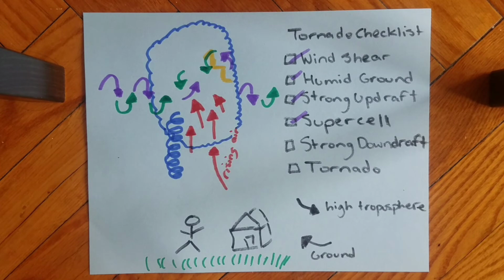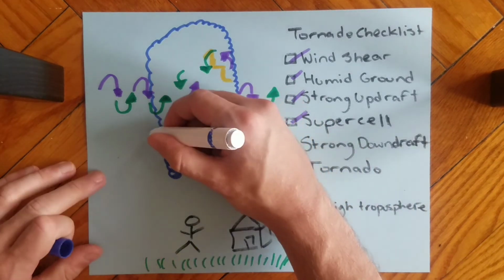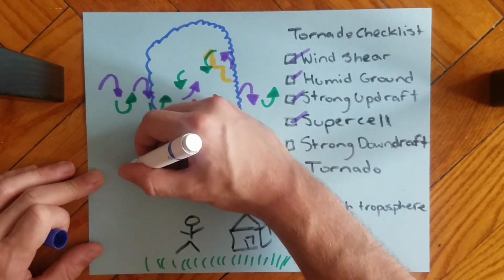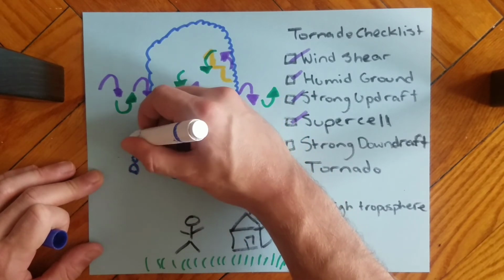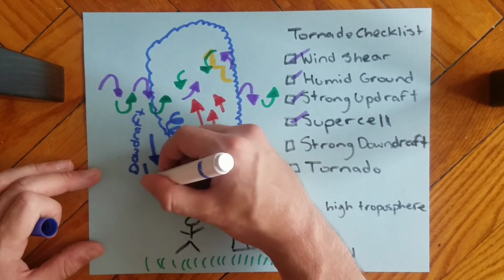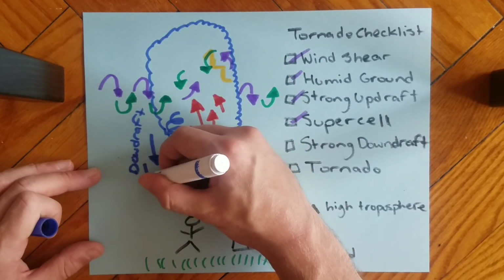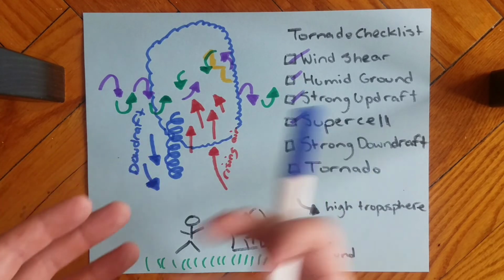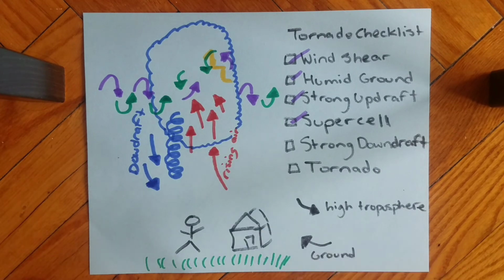Now if you have a strong enough downdraft from high pressure air, so this is your cold air downdraft, it's actually going to bring that supercell, that vertical cylindrical storm high in the sky, down to the ground.